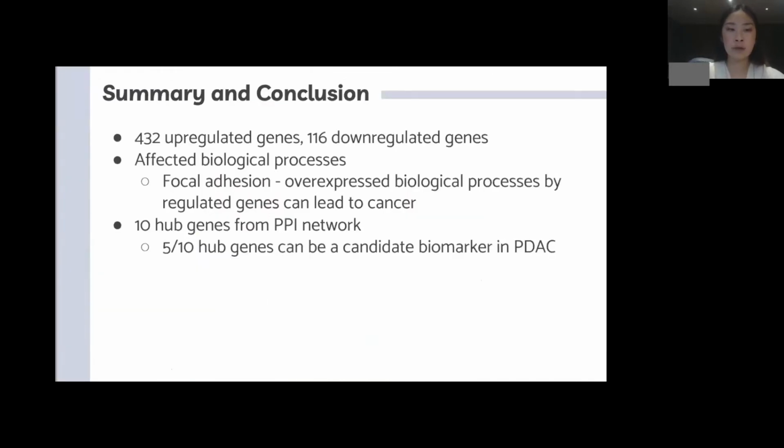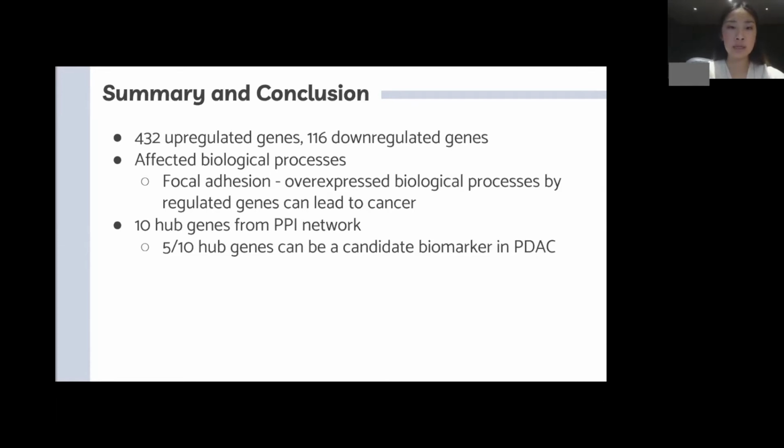So in summary, from in silico analysis using 4 different data sets, I found 432 upregulated genes and 116 downregulated genes. Through functional enrichment analysis of the DEGs, I found that the biological processes affected are cell adhesion and focal adhesion, and these processes are related to cancer. Finally, I found the 10 hub genes from the protein-protein interaction network, and all 10 were found to be involved in the progression of pancreatic ductal adenocarcinoma.